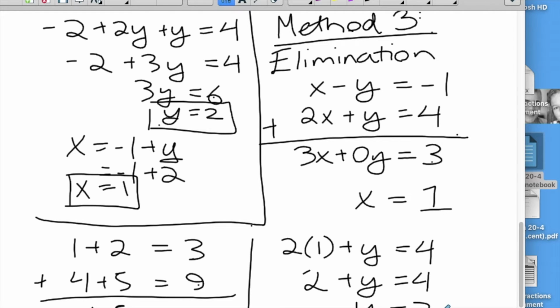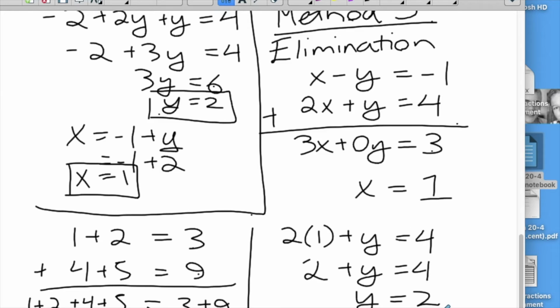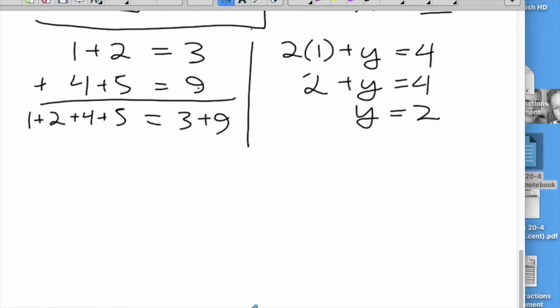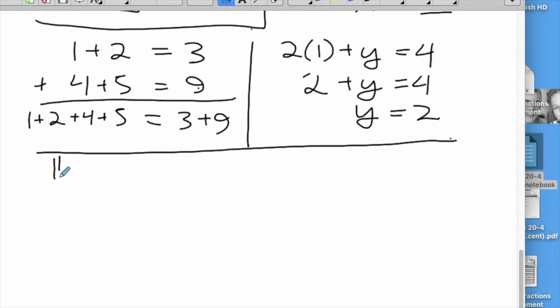And then the last thing I want to talk about before we move on, because this is going to come up today as well, is the fact that not all systems have solutions. Not all linear systems have solutions. Okay? So, for example, and this is best seen graphically.